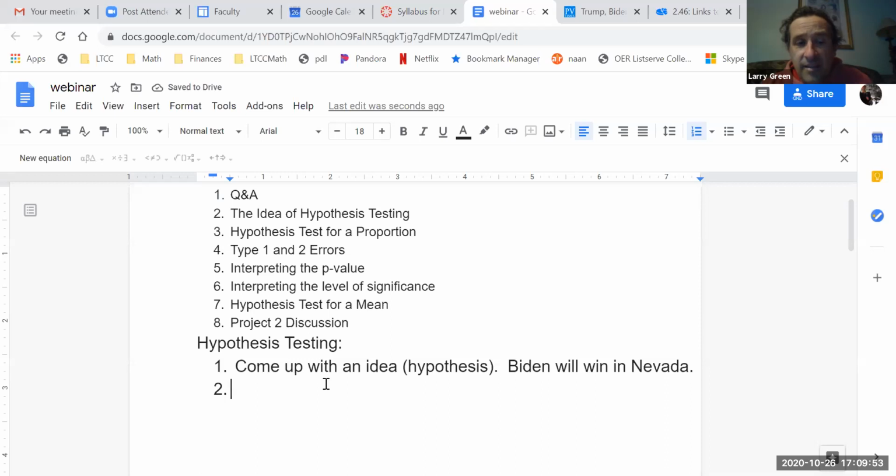The next step is to write down the hypotheses formally. We're going to call these the null hypothesis and the alternative hypothesis.